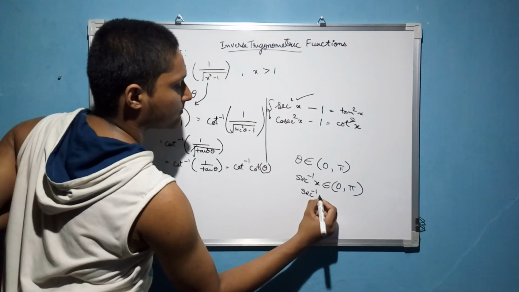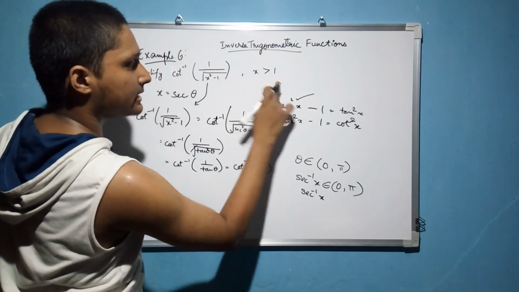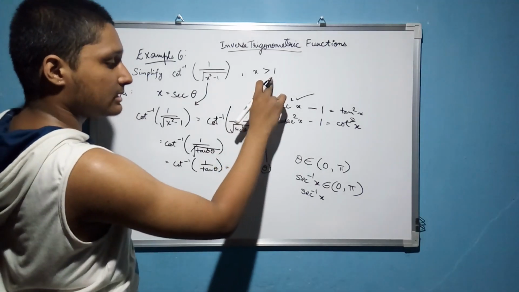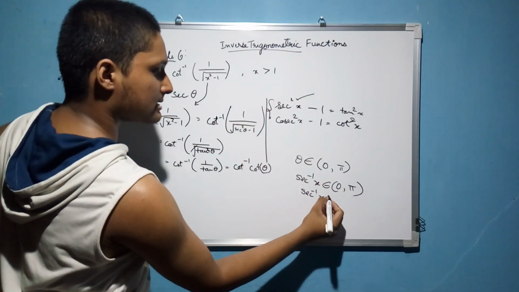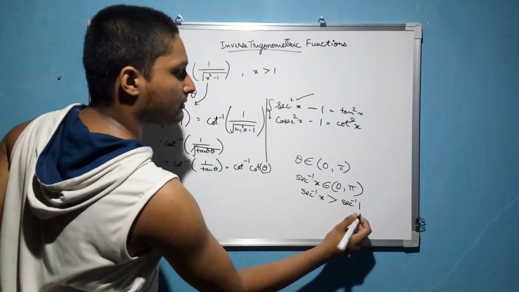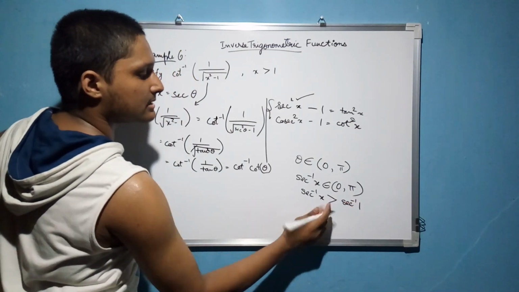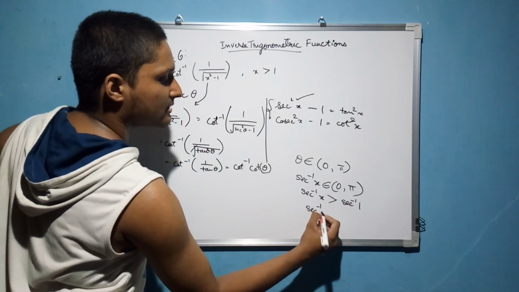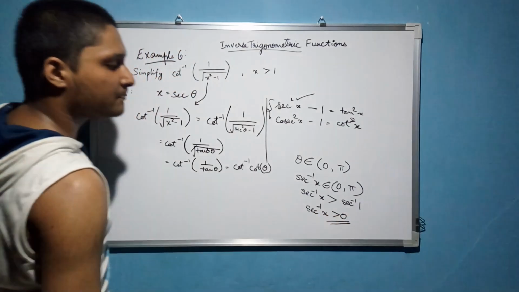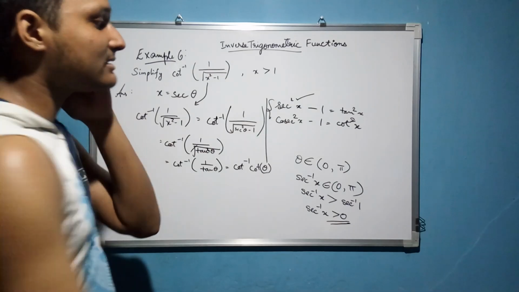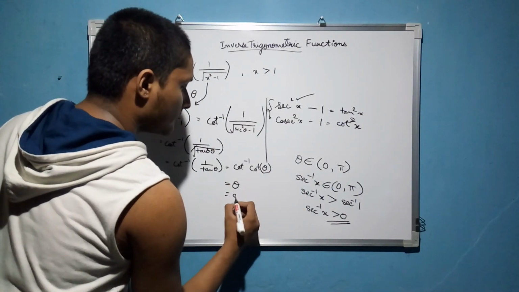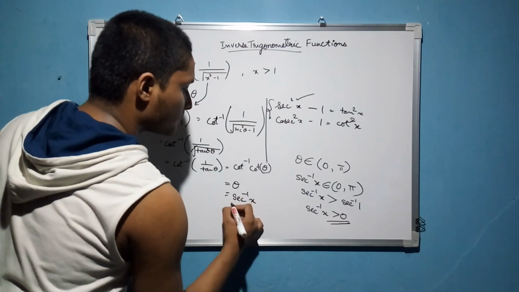Taking sec inverse on both sides, what you are going to get is sec inverse x is greater than sec inverse 1. Sec inverse 1 is 0. Therefore sec inverse x is greater than 0. So by this one you get theta is equal to sec inverse x. Theta stands for sec inverse x.